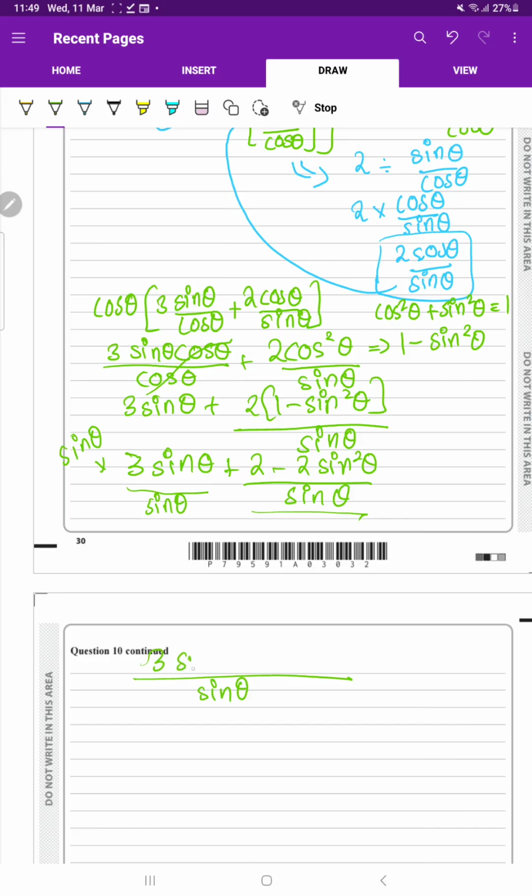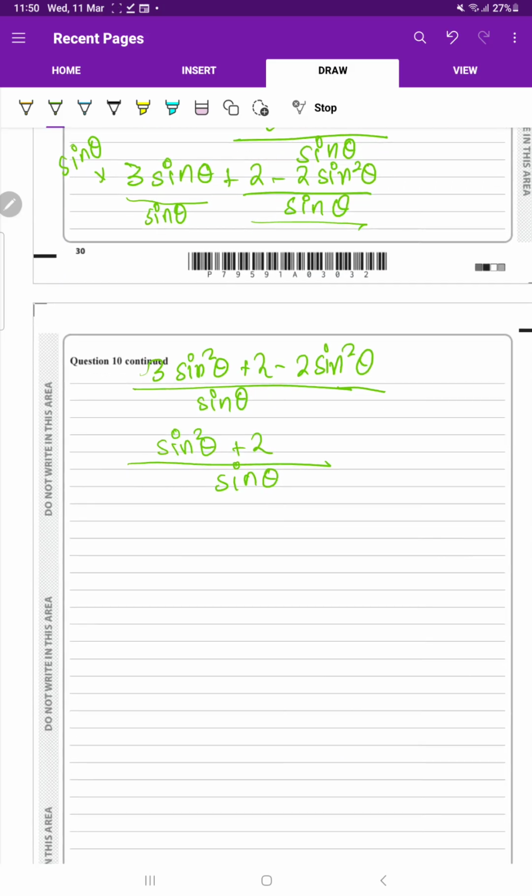That is going to be 3 sin squared theta plus 2 minus 2 sin squared theta. We can simplify: 3 sin squared theta minus 2 sin squared theta is just sin squared theta, plus 2, over sin theta.